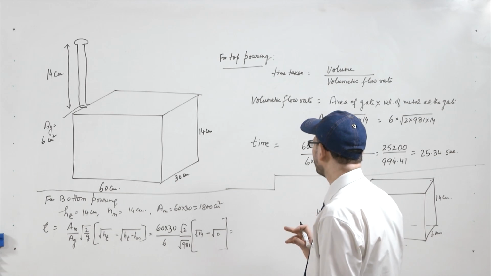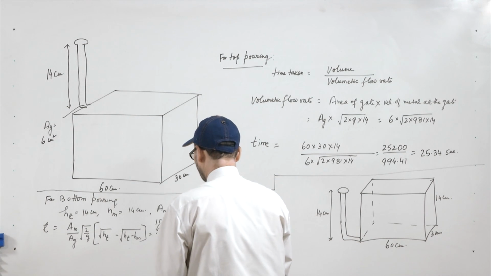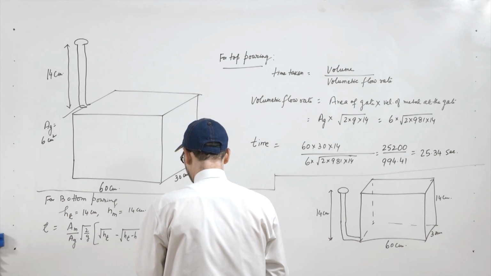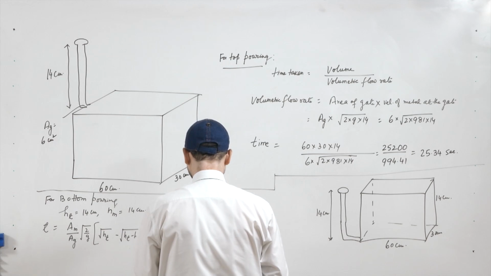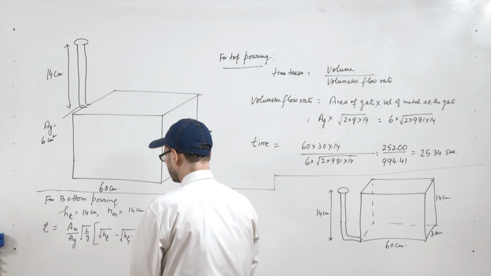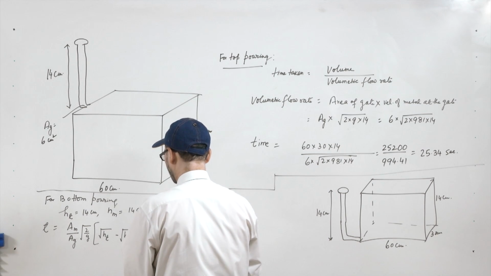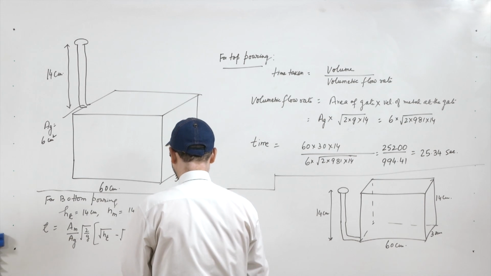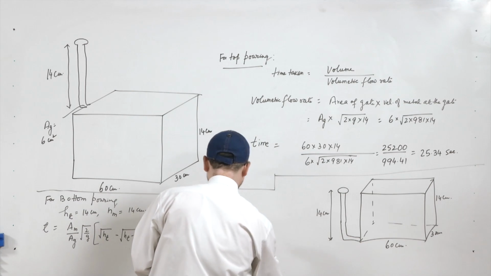So, you have to calculate these values. So, if you calculate the values, it will be 300 into 1.414, that is 424.2, or we can do under root 28, so we can have 300 under root 28 upon 981.